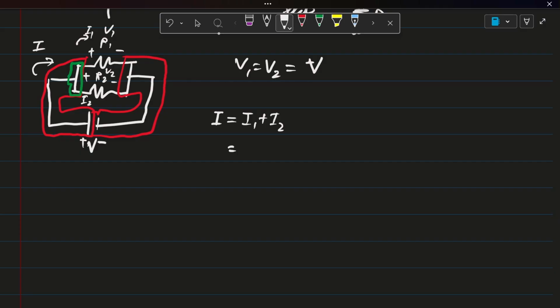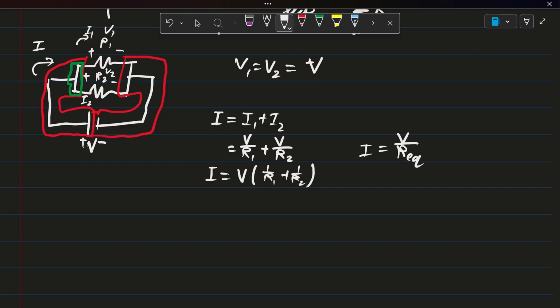Using Ohm's law, we get V over R1 and V over R2. So we can write I equals V times 1 over R1 plus 1 over R2. You can see another similarity: this is the same as I equals V over R equivalent.